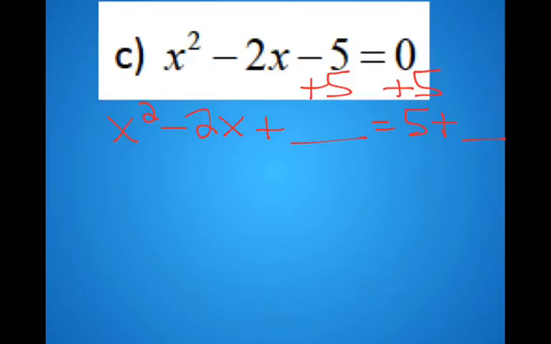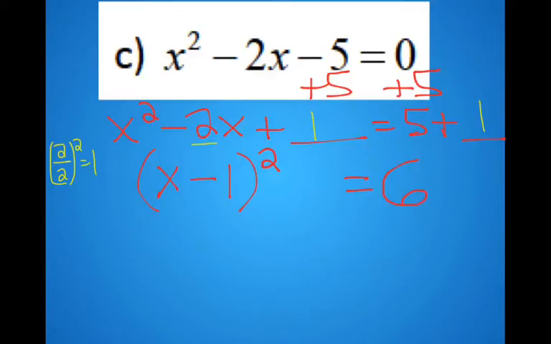So that's taking this middle number, so it's 2 divided by 2 and then squared, so 1. So we're going to add 1 to each side. That's the magic number. So the left side factors awesome. So x minus 1 quantity squared. On the right it's going to be 6.